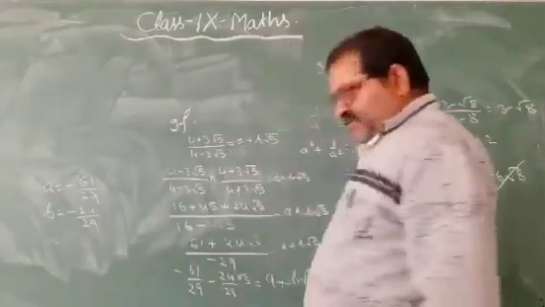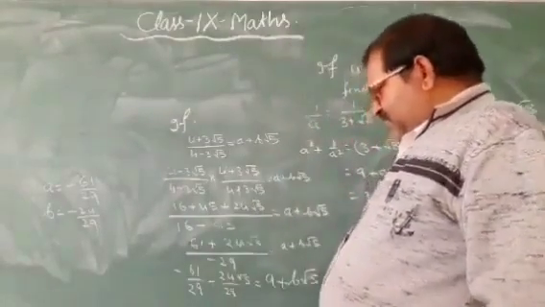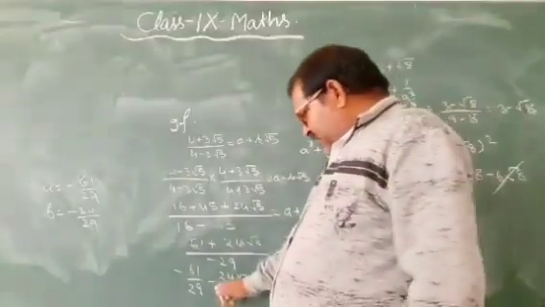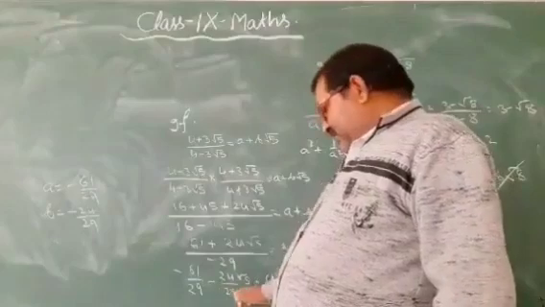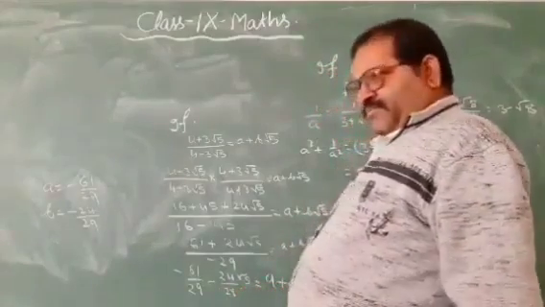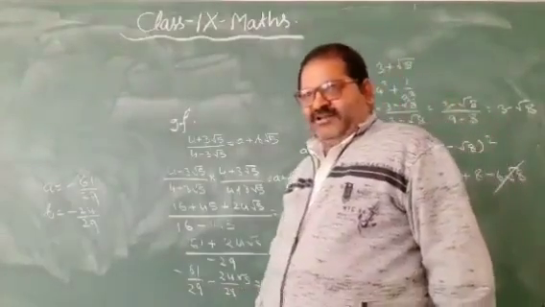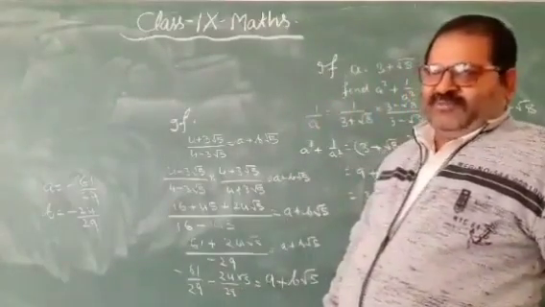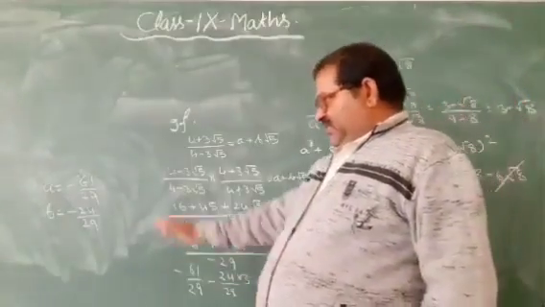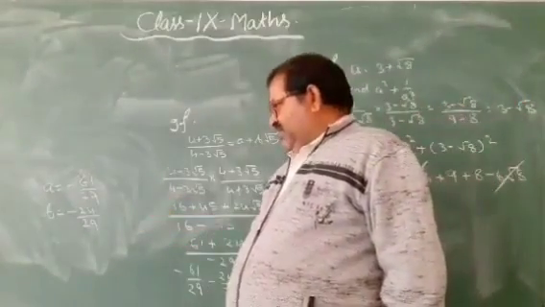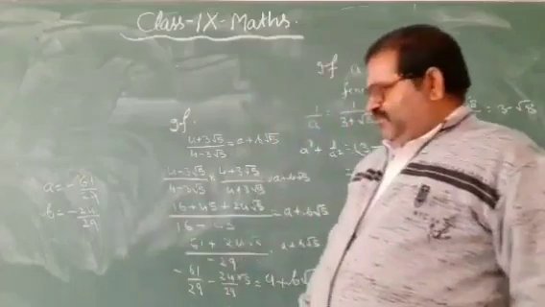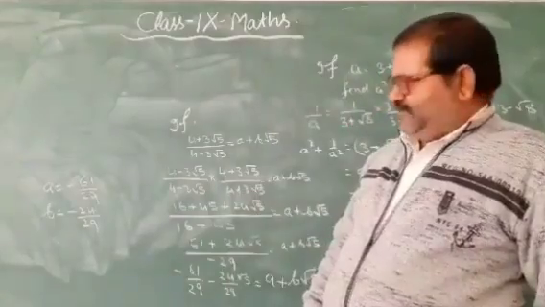Now separating each other, so minus 61 upon 29 minus 24 upon 29 under root 5 equal to a plus b under root 5. Now compare the number from the left hand side to the right hand side. That we get a equal to minus 61 upon 29 and b equal to minus 24 upon 29.